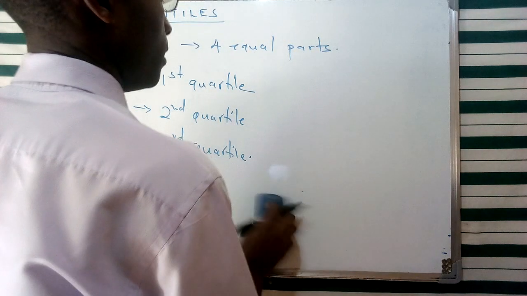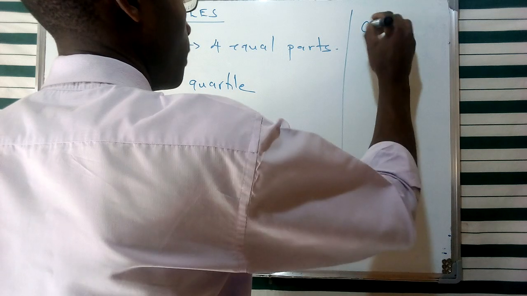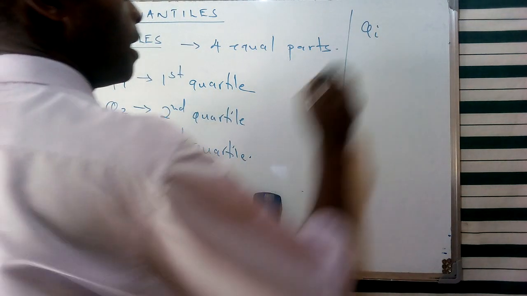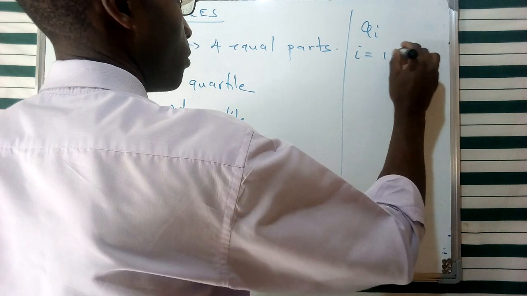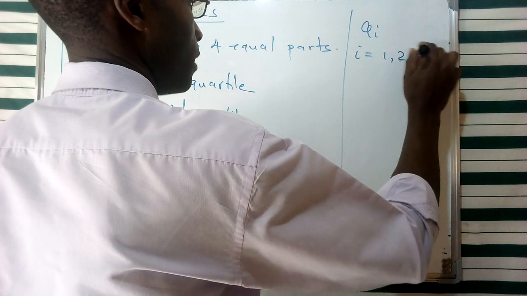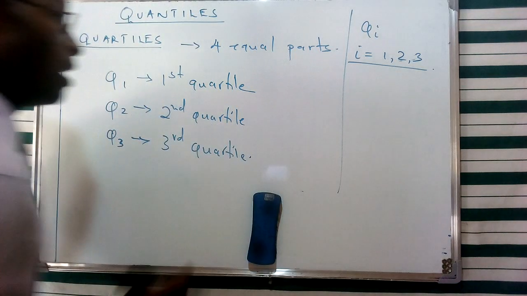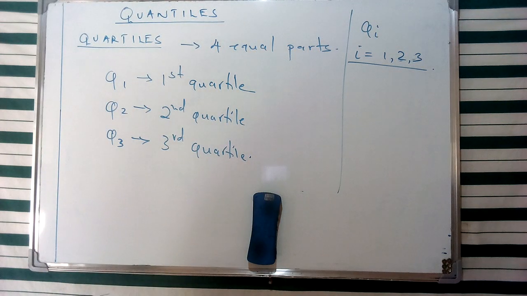So we're going to have three scenarios whereby the quartile is represented as Qi, where i represents the first quartile, the second quartile, and the third quartile, given in that particular order. Now we have a general representation that we're going to use in trying to find the ith quartile.